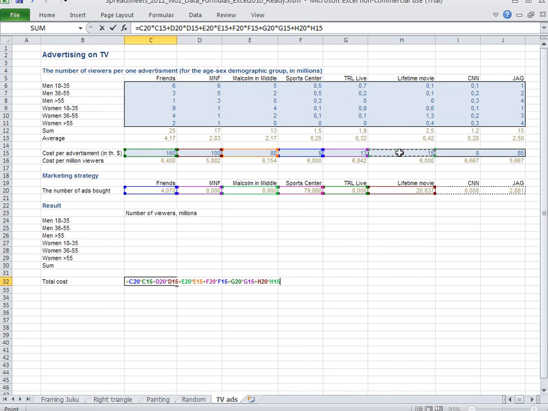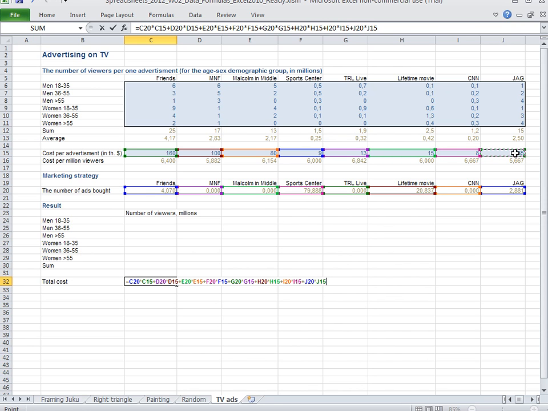This is something like $300,000 more dollars, and plus no ads in CNN times $8,000 per ad, and finally plus JAG series gets free ads times $85,000 per one ad.